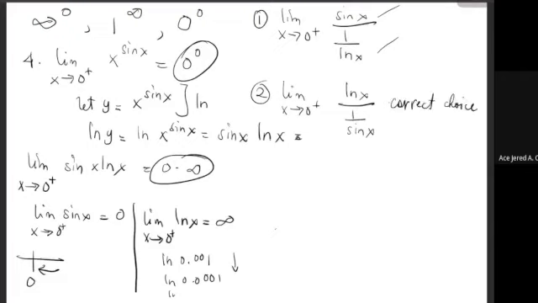Because you can see that it will be somewhat simpler. Imagine, class, if you derive this, that definitely brings you to the quotient rule. Low derivative of high, which is 0, minus high, which is 1, derivative of low is 1 over x, over low squared.